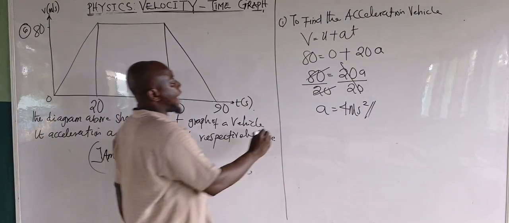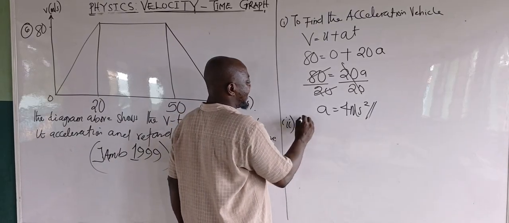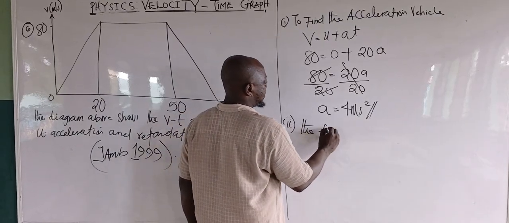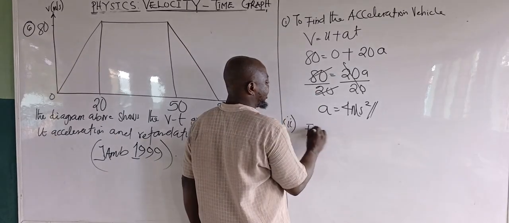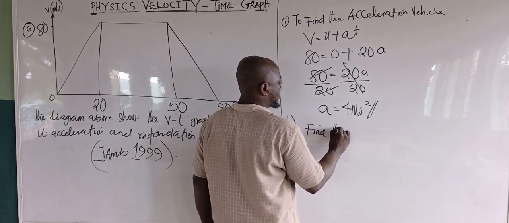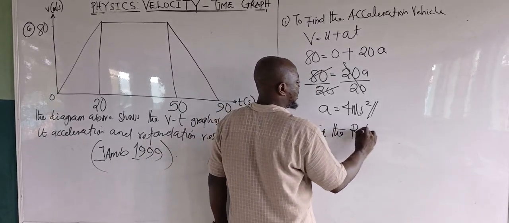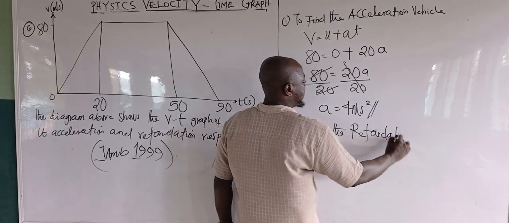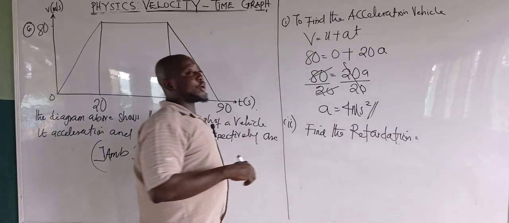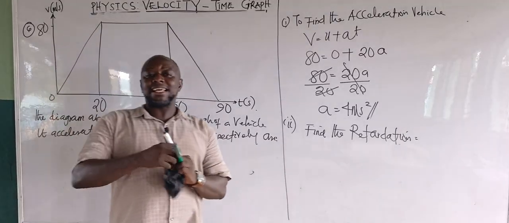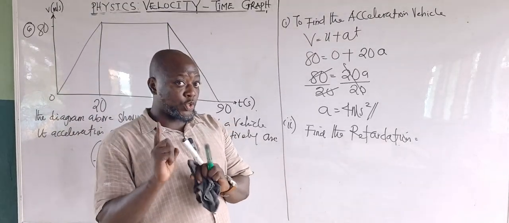B, or II, to find the retardation, or the acceleration. We know that retardation or deceleration is the opposite of acceleration. Don't forget that.